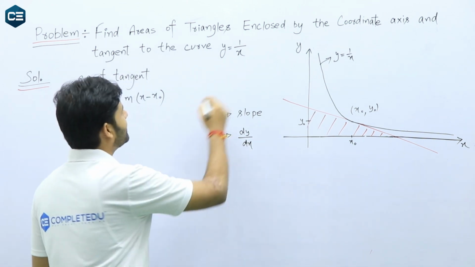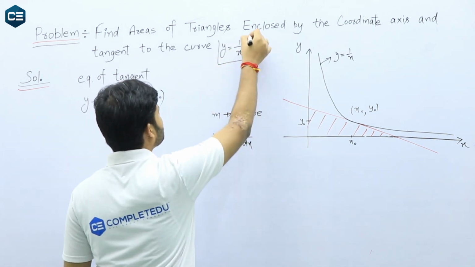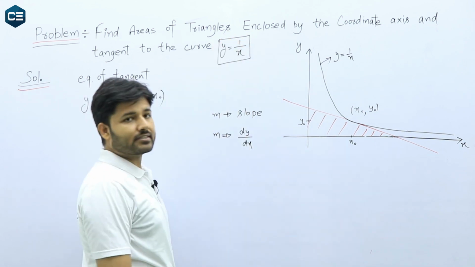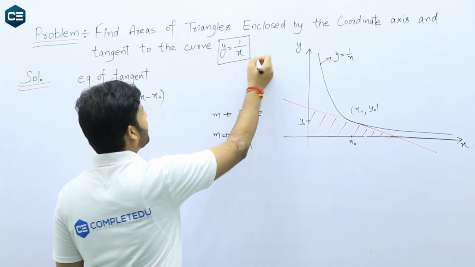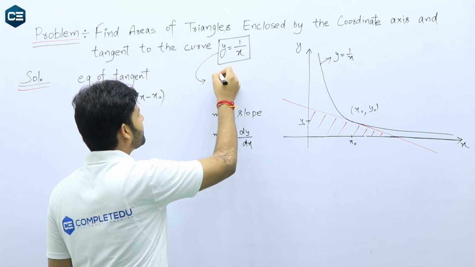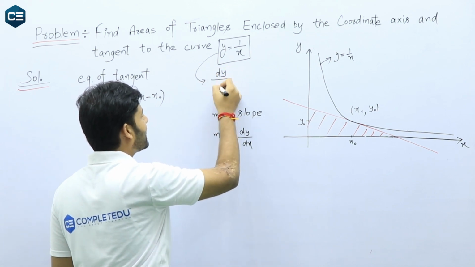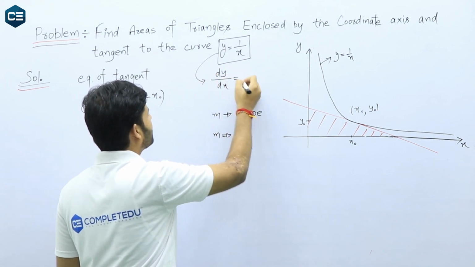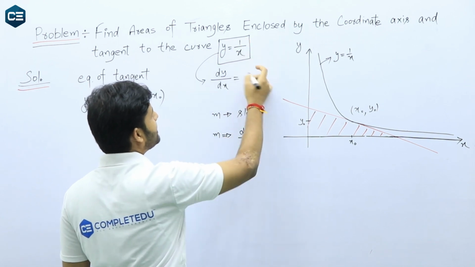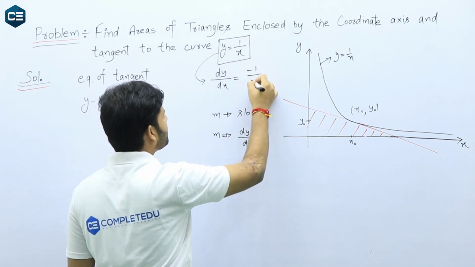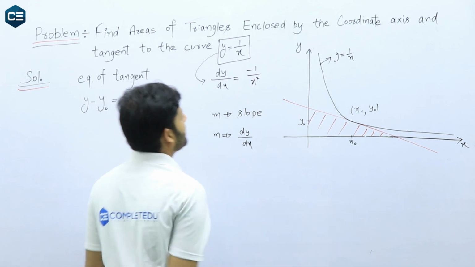So our curve is y is equal to 1 over x. We will differentiate this with respect to x. We get dy by dx is equal to the derivative of 1 by x, which is minus 1 upon x square.